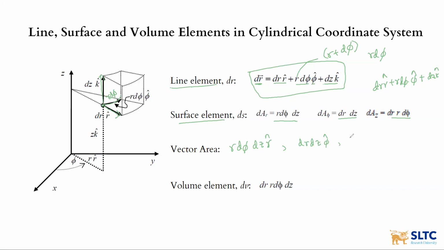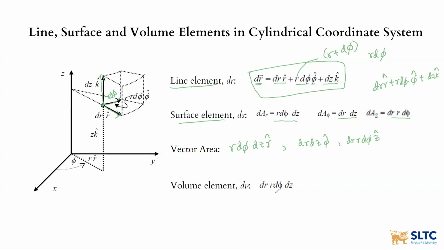Another vector area is this one into z hat, right? So we can write dr r d phi into z hat. You can order these things differently, and then you can write them in a proper manner by taking r to the front, then writing dr, d phi, and z hat.